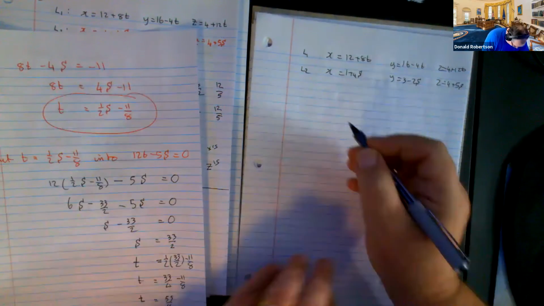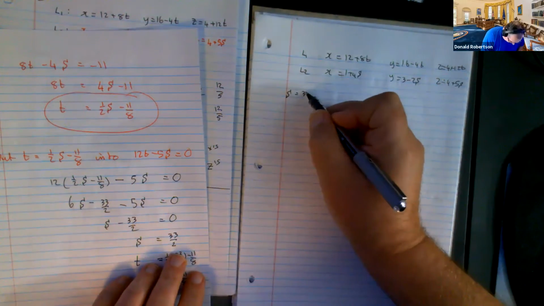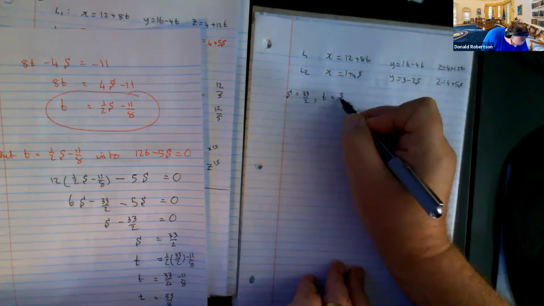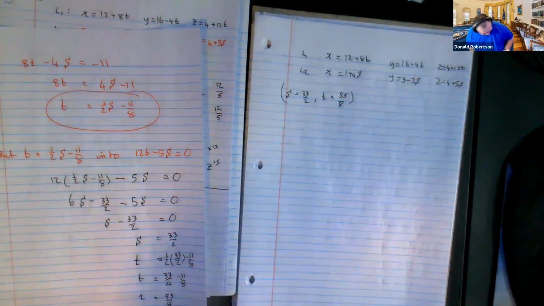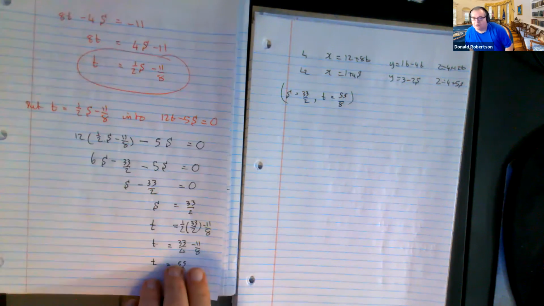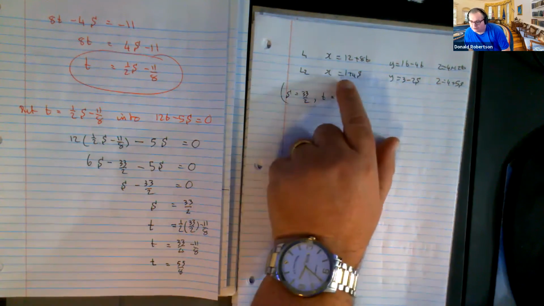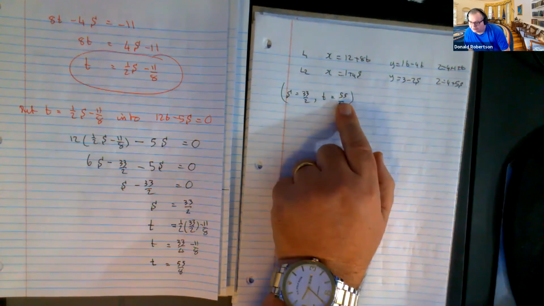And I know that S is 33 halves, and I know that T is 55/8. So far, so good. Now, I'm going to plug 33 halves into all 3 of these guys. I'm going to plug 55/8 into all 3 of these guys.